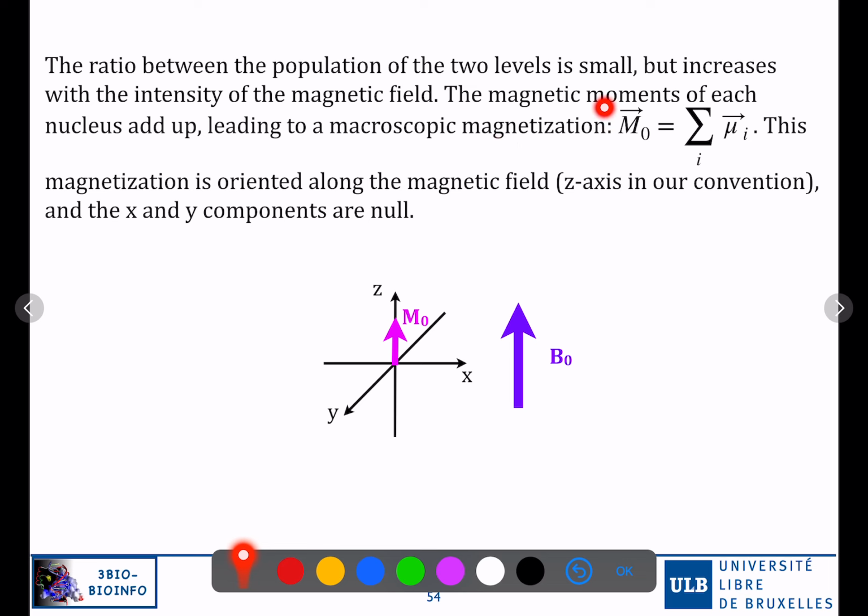This macroscopic magnetization, M0, is the sum over all the individual magnetic moments of the different atoms.